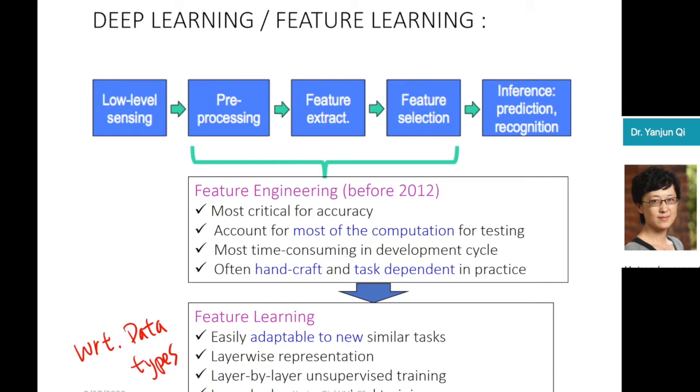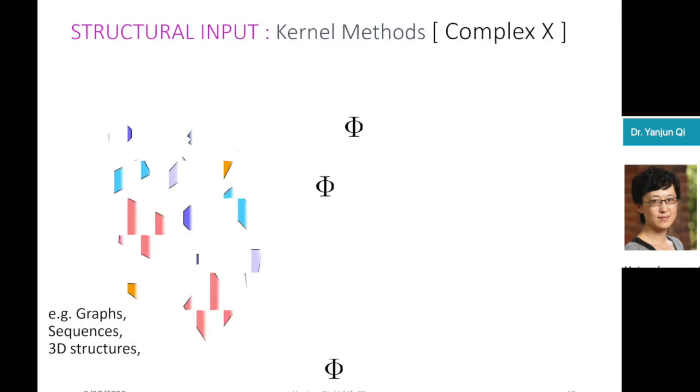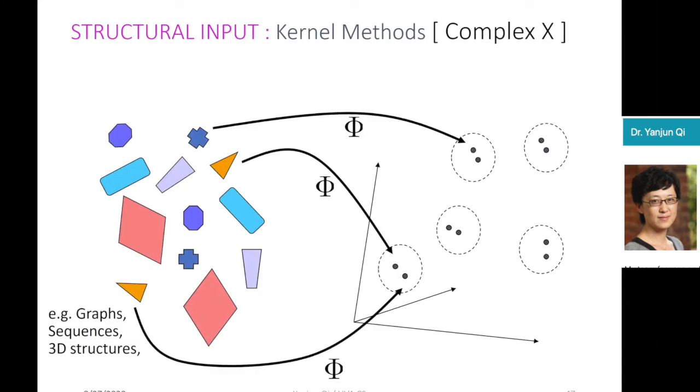For different types of data, there are different popular and dominating representations and architectures. Again, before deep learning there was something called the kernel method, which tried to solve something very similar.